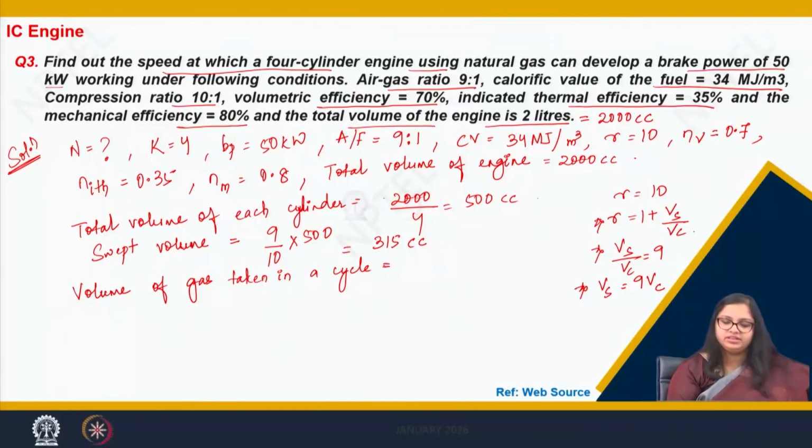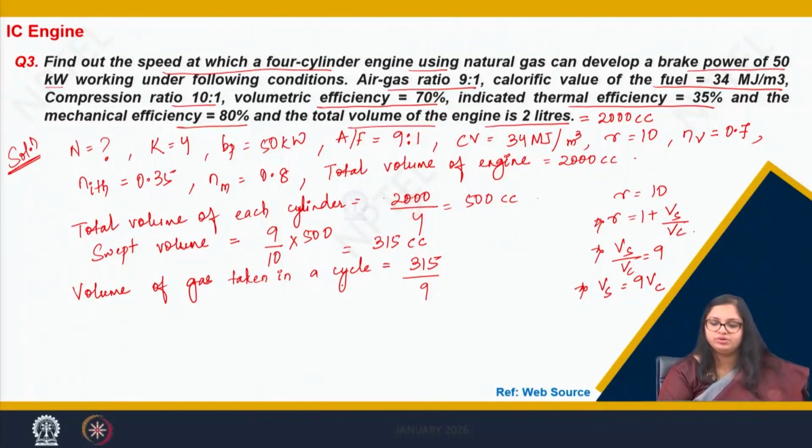So, how do we find the gas? Here my air fuel ratio is 9:1. So, if I need to find what would be my gas percentage, I have to divide this swept volume by 9, so that I get the volume of the gas that is taken in.